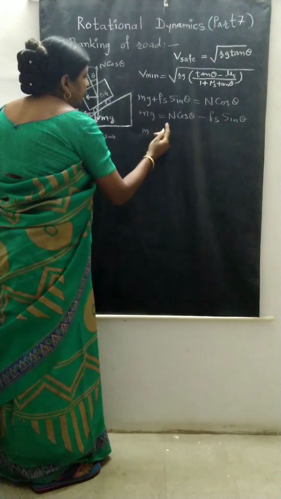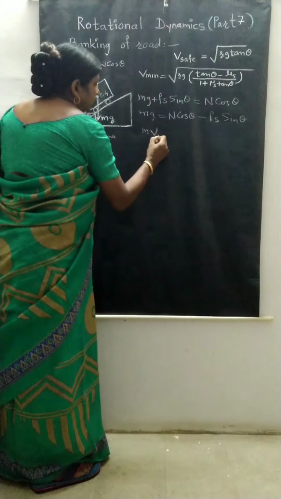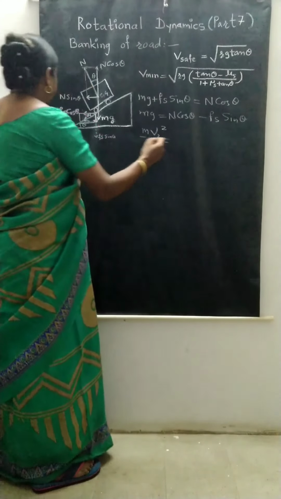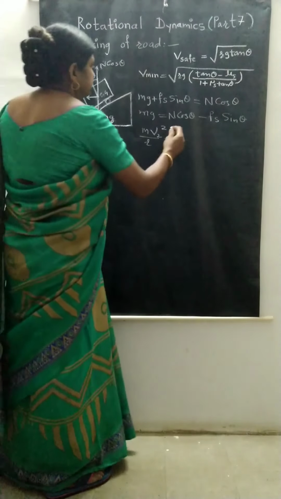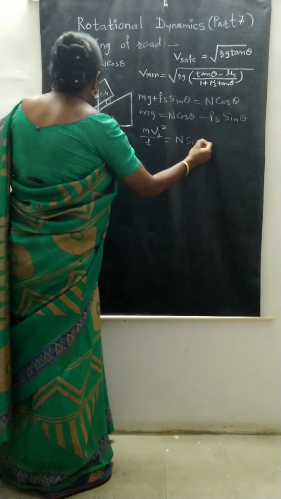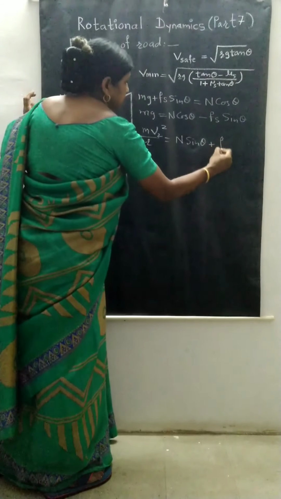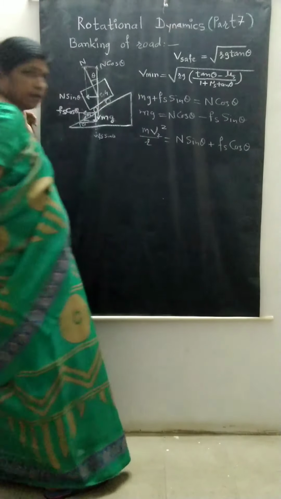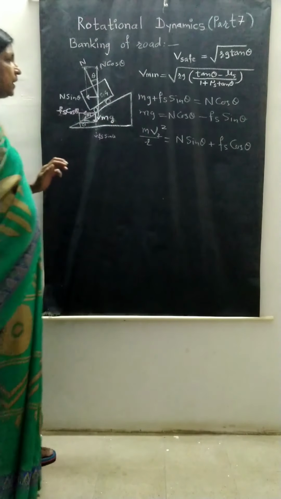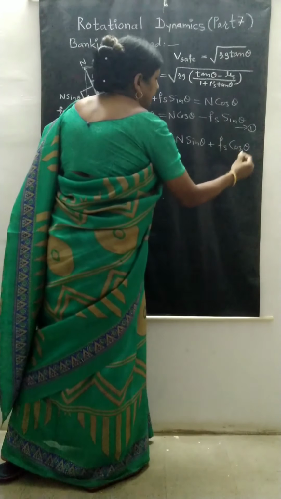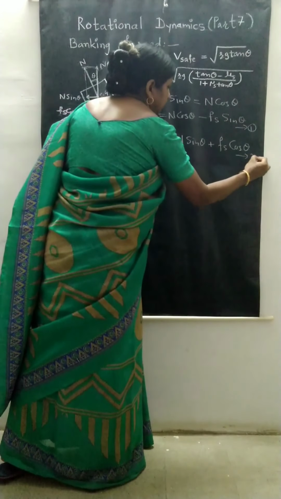So, m v2 square upon r is equal to N sin theta plus Fs cos theta. This is equation number 1 and this is equation number 2 now.